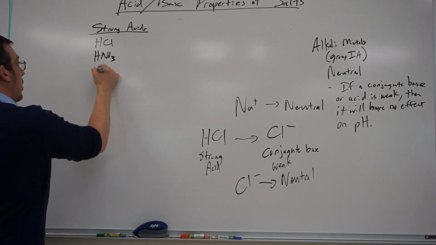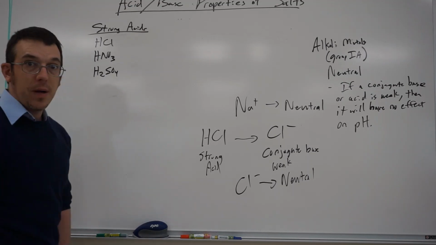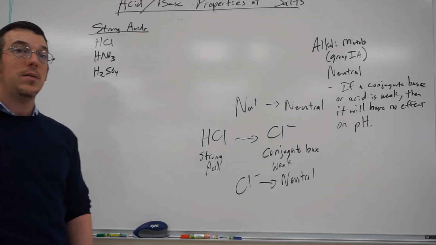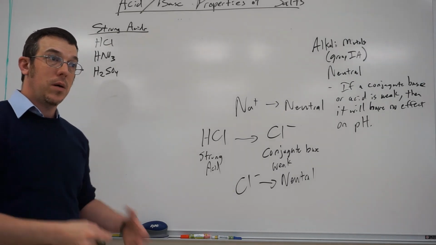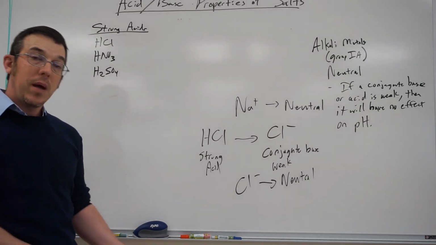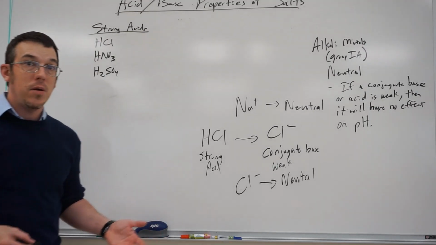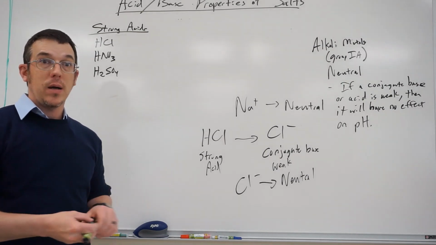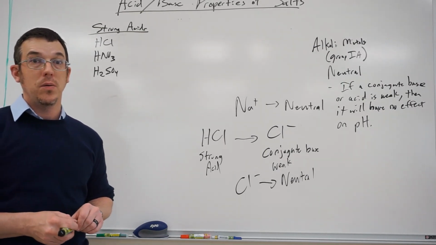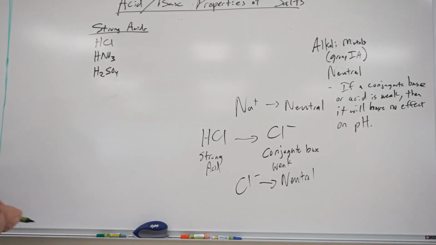Another strong acid is H2SO4, which is sulfuric acid. These are common acids that are strong. Now, when we start talking about their conjugate bases, that makes the conjugate base weak. And anytime you have a weak conjugate acid or base, those ions themselves are considered to be neutral and will have no effect on the pH of the solution.